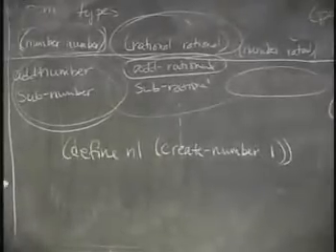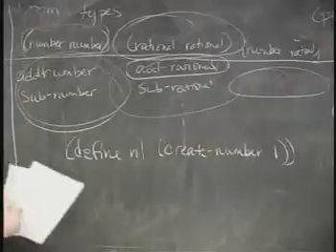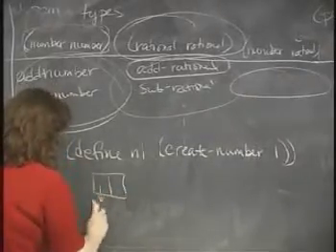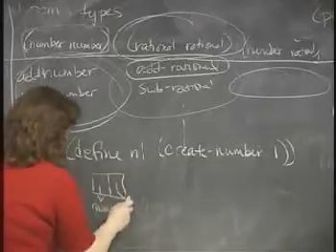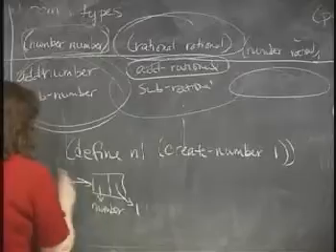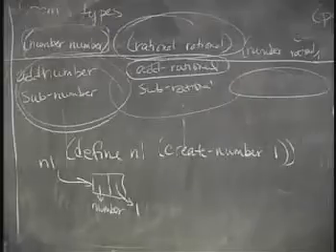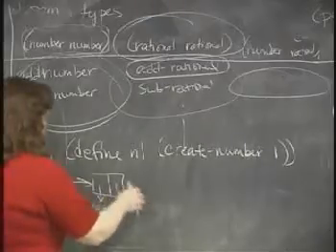The second page, you'll see create number defined at the bottom of the page, where you define create number x. It's going to attach the tag number to what we pass in, in this case, 1. So this is going to be n1. Let's just add n1 twice. So this is our number that we've created.